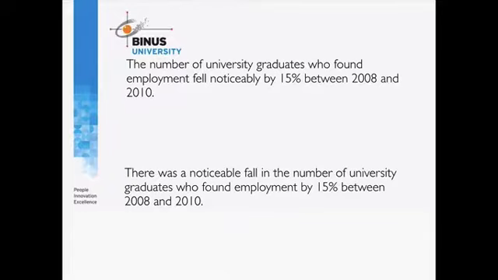of describing it. There was a noticeable fall in the number of university graduates who found employment by 15% between 2008 and 2010. Now, if you look at these two example sentences, they give you the same information. Both tell you exactly the same thing.